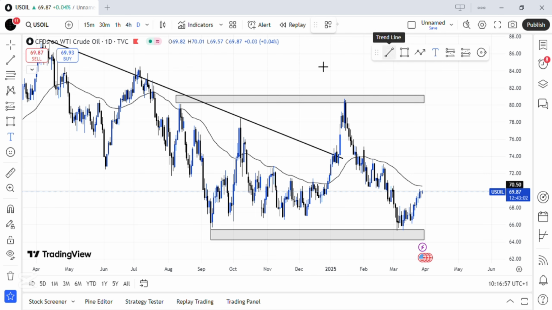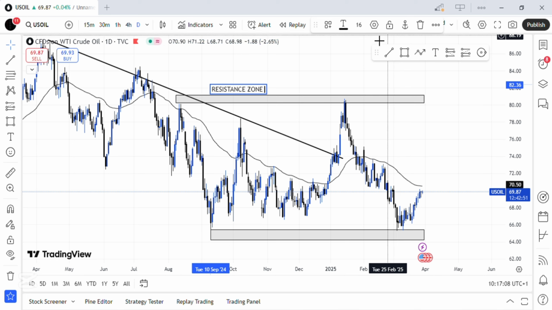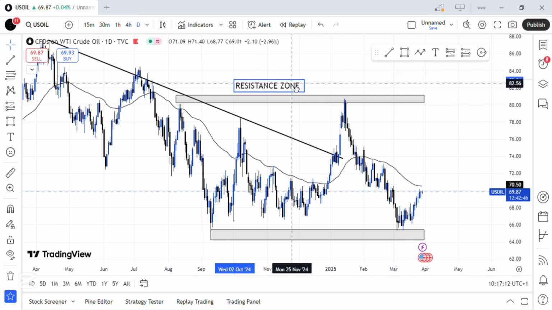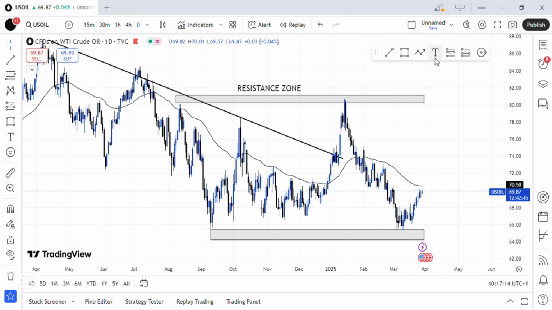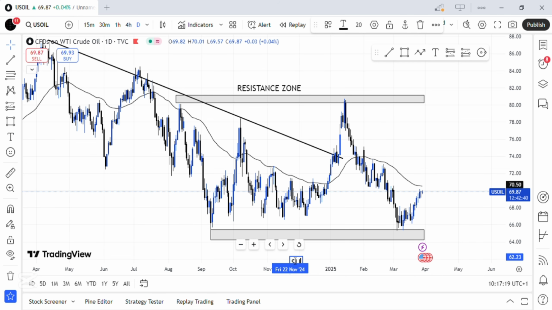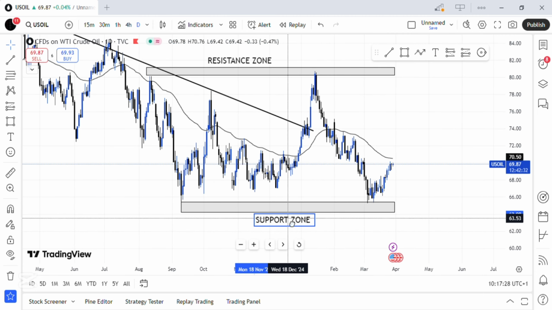Let me just write it out. That's the resistance zone. Then for the supports, that's our support zone. And don't forget, this is just the daily time frame.